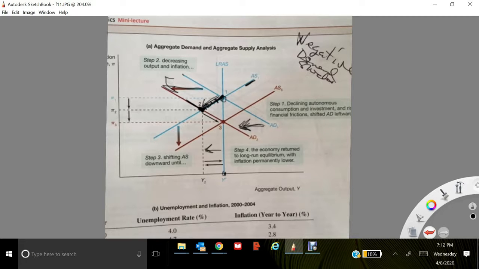Labor markets are going to be slack, causing wage demands to be reduced and our supply curve shifts down.